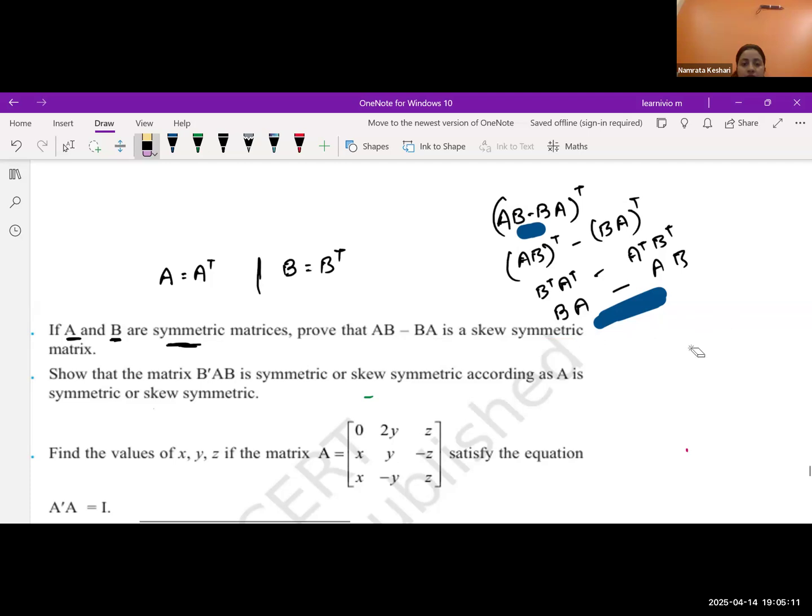Show that the matrix B transpose multiplied by A multiplied by B is symmetric or skew symmetric according as A is symmetric or skew symmetric.